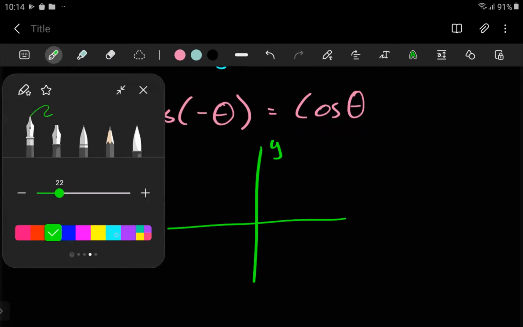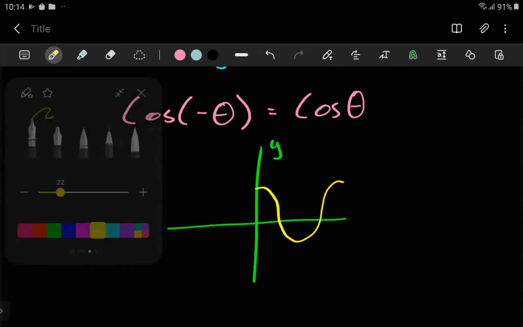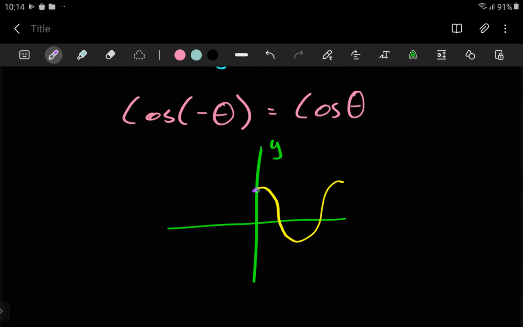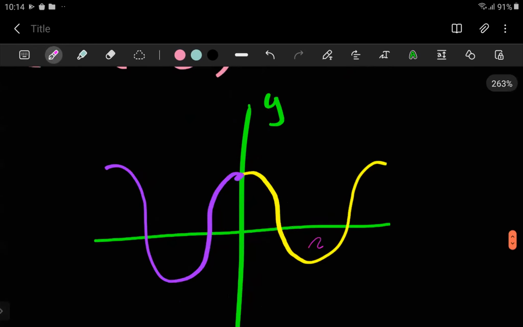What I mean by symmetrical about the y-axis is that on one side of the graph it will look like this, and on the other side it will look like this. So if you consider negative x values or positive x values, it's going to be the same thing. Something like cos 180 is equal to minus 1.